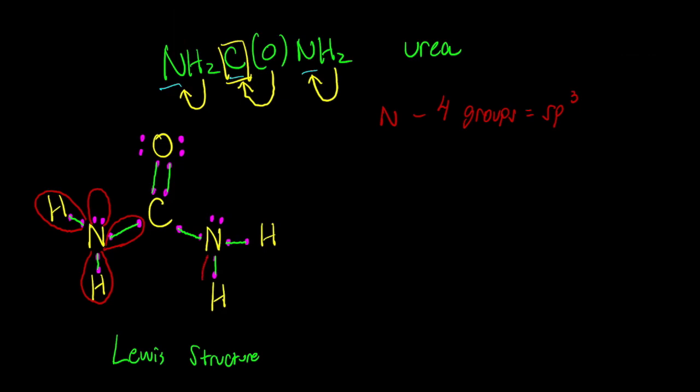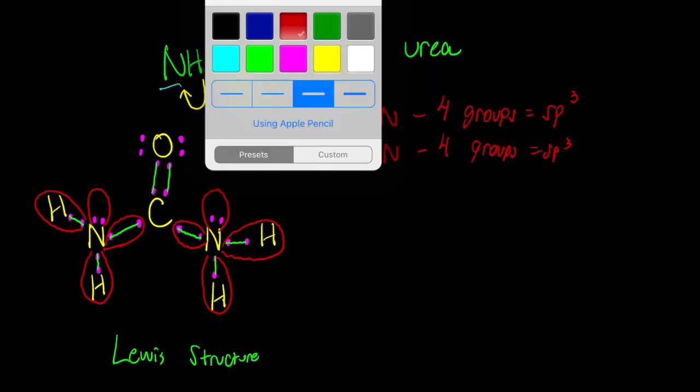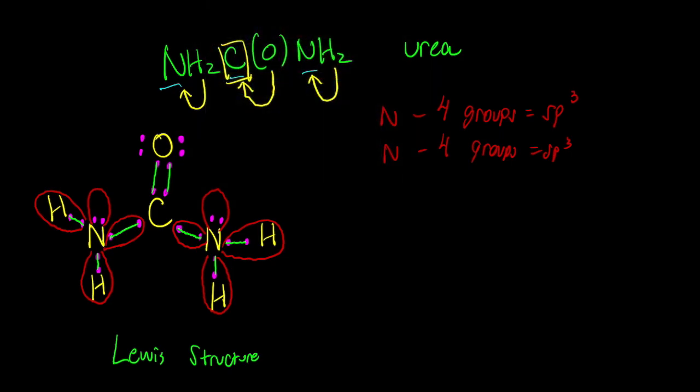This nitrogen over here, let's see, 1, 2, 3, 4. Okay, so that nitrogen also has 4 groups, which is also sp³ hybridized. Now how about the middle carbon? Let me switch to a white colored thing here.